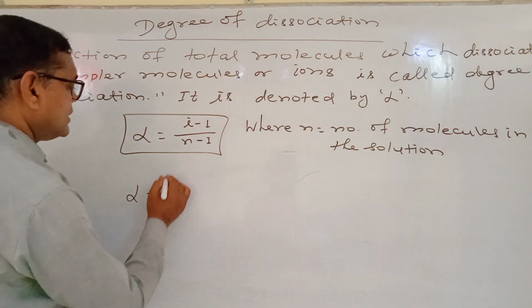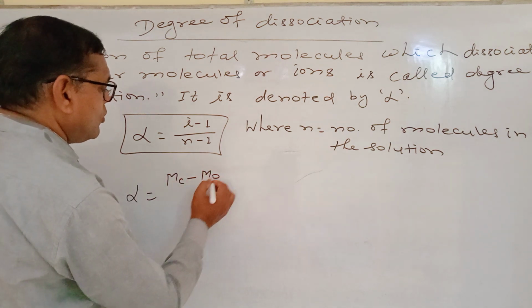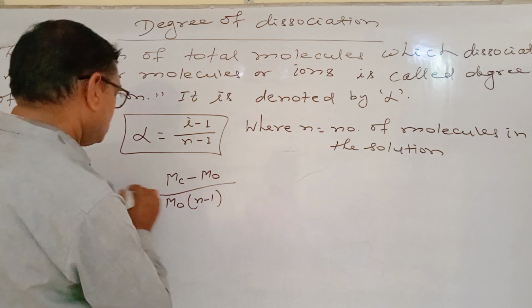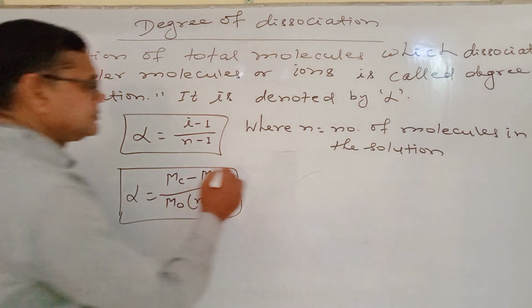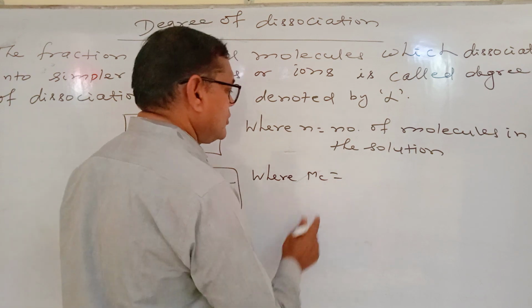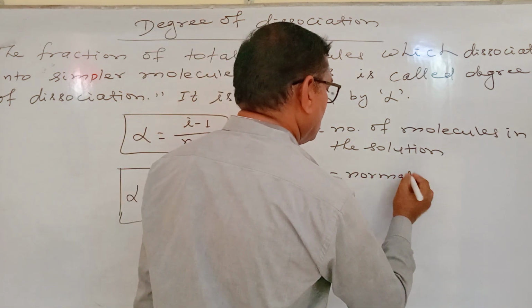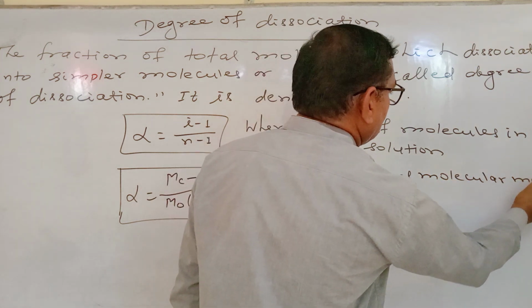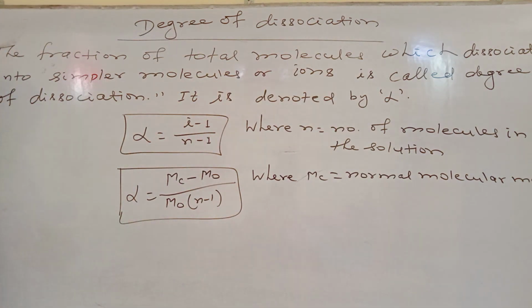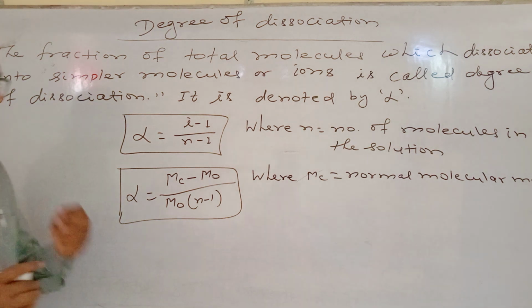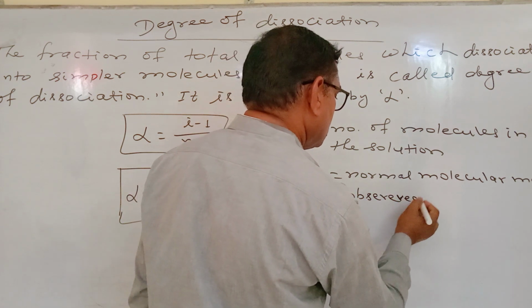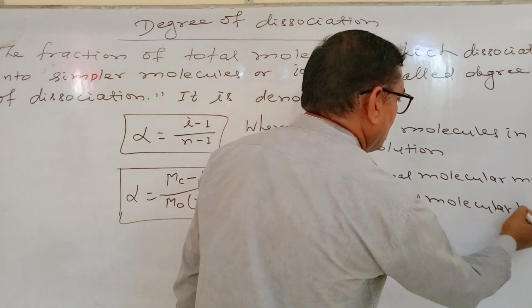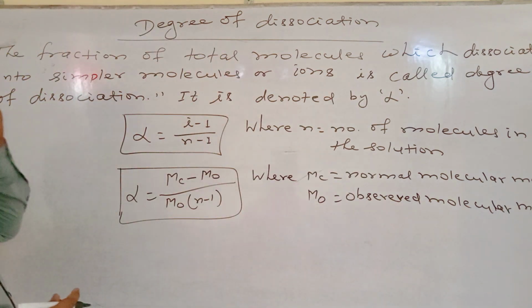Alpha is equal to Mc minus Mo upon Mo into n minus 1, where Mc is the normal molecular mass of the solute and Mo is the observed molecular mass. It is a very important formula.